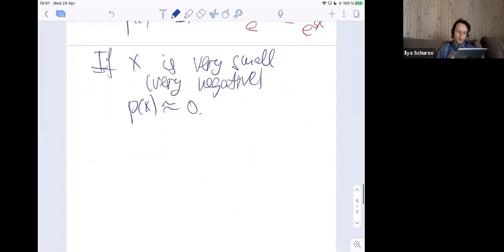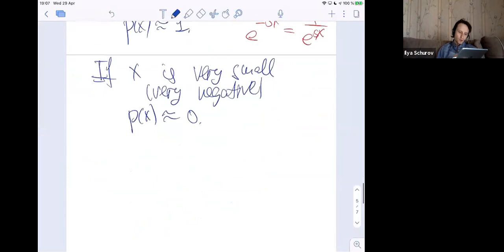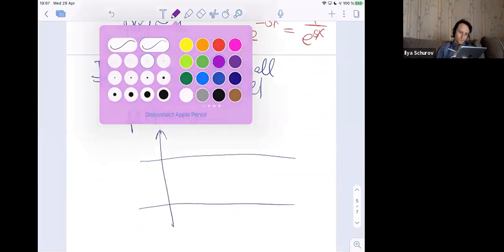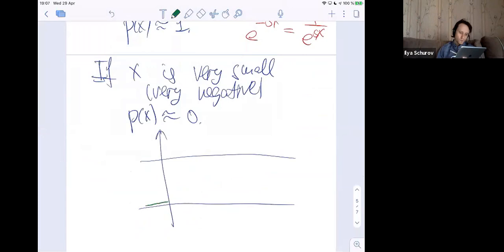So basically, our function looks like the following. Something like this. It will never approach value 1, but it can be very close to it.